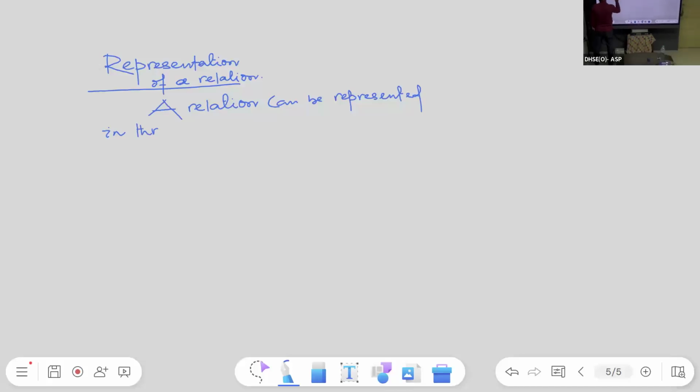So write down: a relation can be represented in three different ways. The first one is tabular.